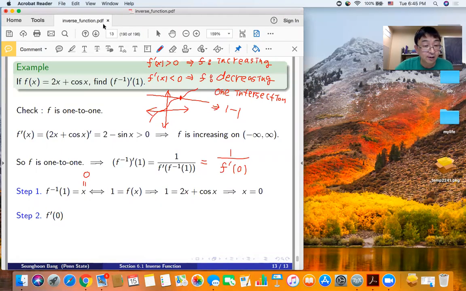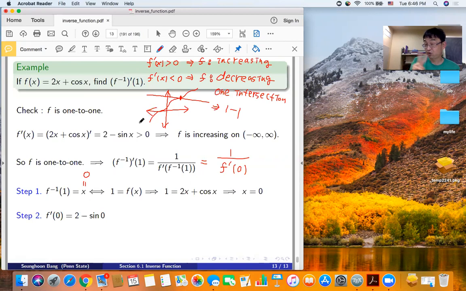How can you find f prime of 0? We already have f prime of x here. You plug 0 into x, exactly 2 minus sine of 0. What's the sine of 0? Zero.